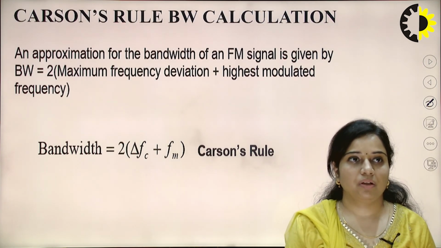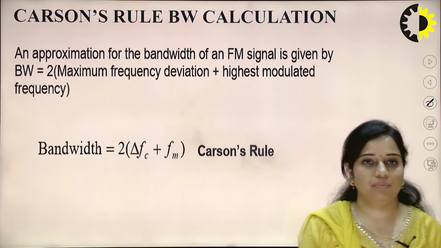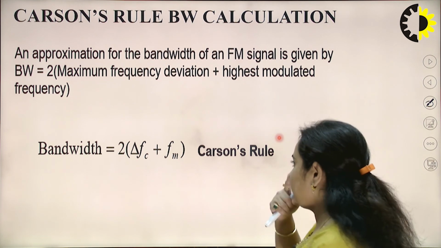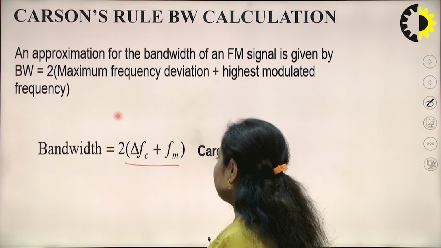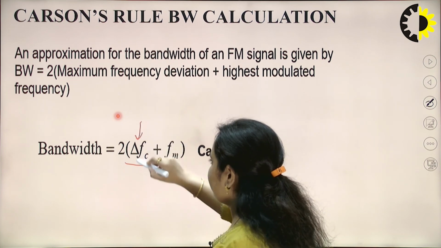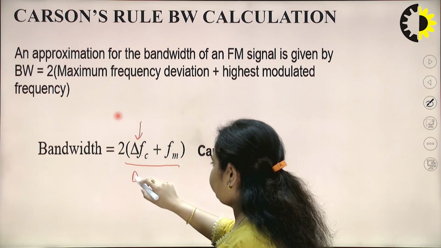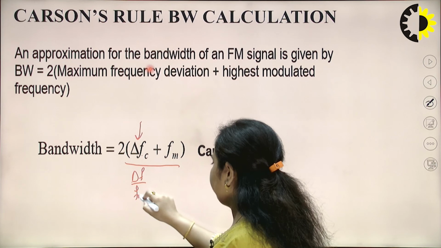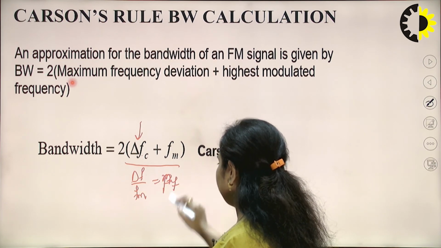Now, next one is Carson's rule for bandwidth calculation. That is a very important formula for calculating the bandwidth. Its formula will be twice of delta f plus fm. Now, delta f is the frequency deviation that we have seen. Delta f upon fm can be written as beta f, that is the modulation index.